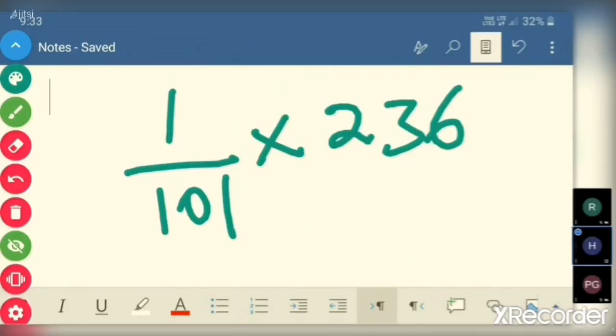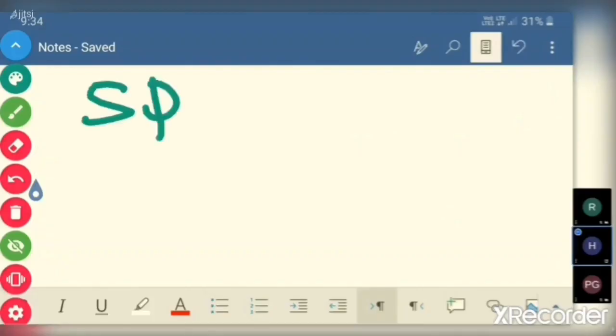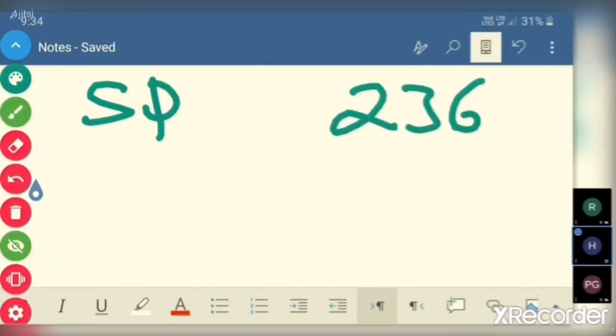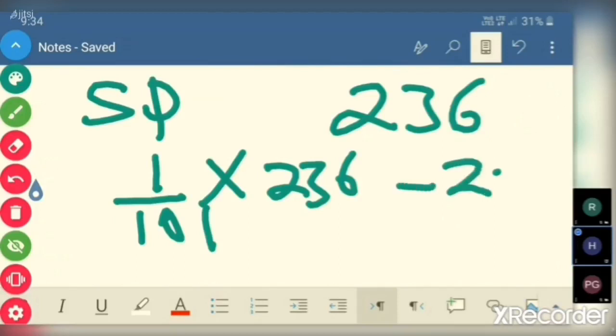1 divided by 101 into 236. The sale price is 236. In that, if you remove the tax, that is 1 divided by 101 into 236. That will come to 2.33.